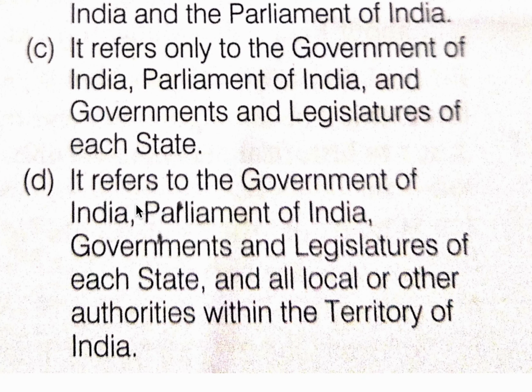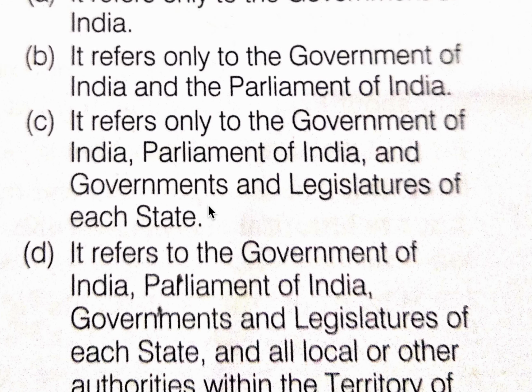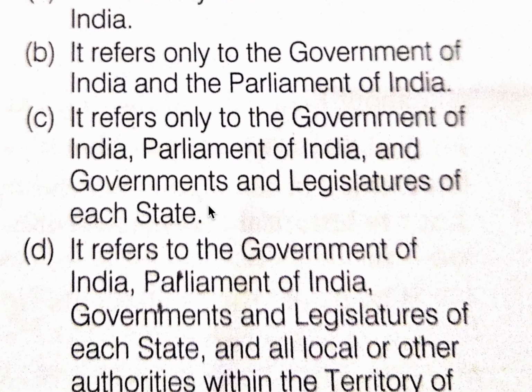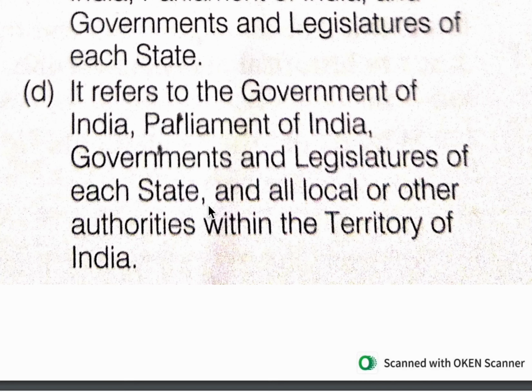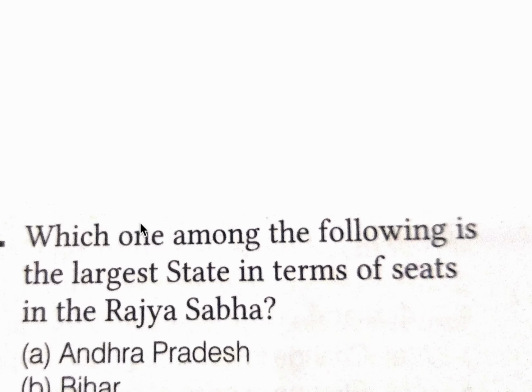Option D, it refers to the government of India, Parliament of India, governments and legislatures of each state and all local or other authorities within the territory of India. So option D is the correct one. Under Article 12, the state is included with all these things. Option D is the correct answer.